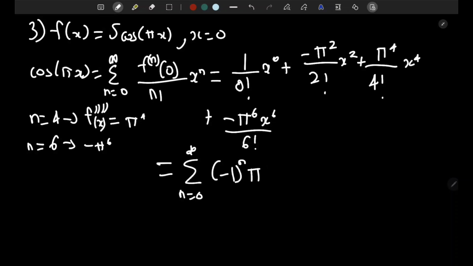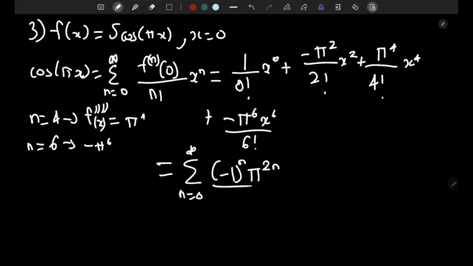Let's write pi, and let's try with, let's say, 2n, because there is no pi over here when n is equal to 0. When n is equal to 1, we have 2. When n is equal to 2, we have 4. And then when n is equal to 3, we have 6. So this pattern shows that power.